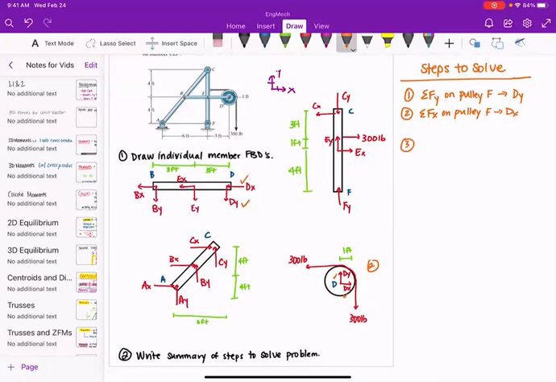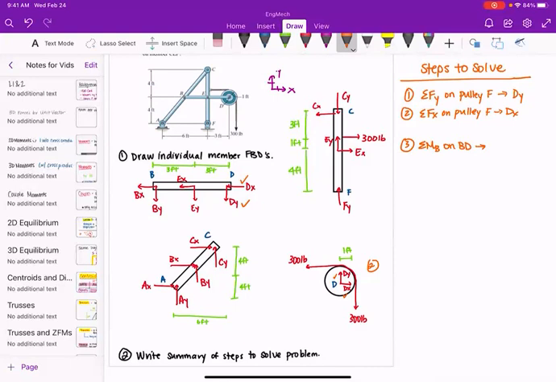And then moving on, I know I just did something to this first free body diagram BD. So let me try to see what else I can do. Well, if I take the moment about B on BD, BX will cancel, EX will cancel, BY will cancel, and DX will cancel. So I'm left with an equation with EY and DY.